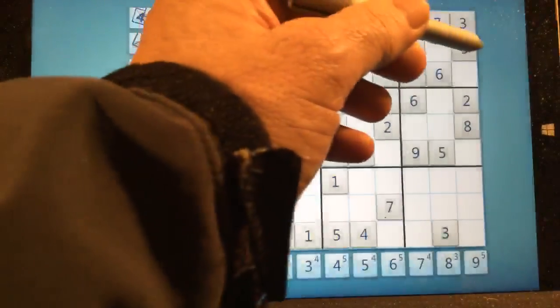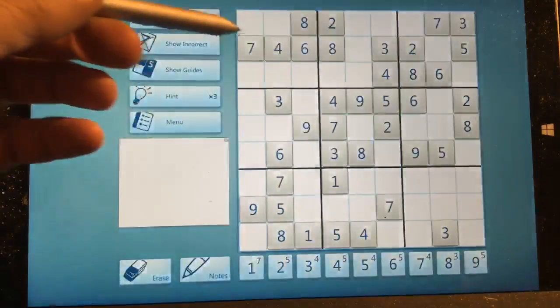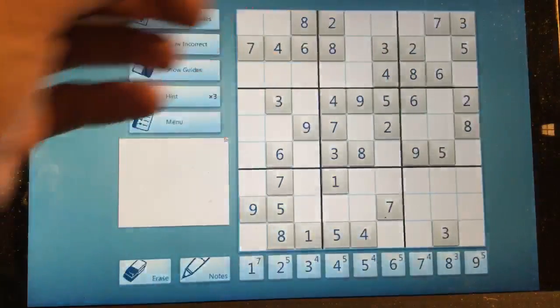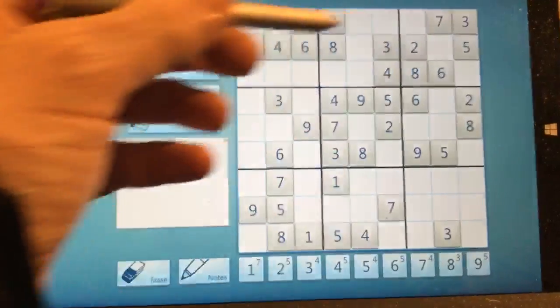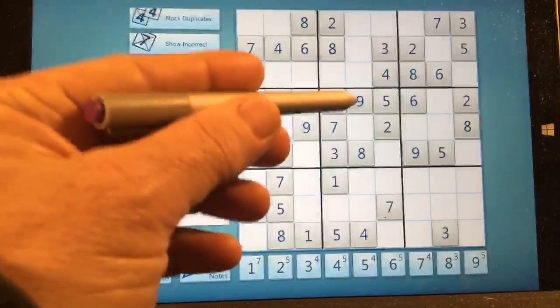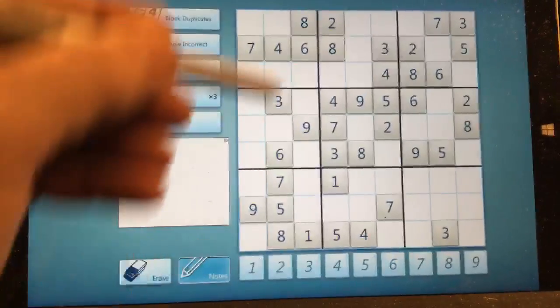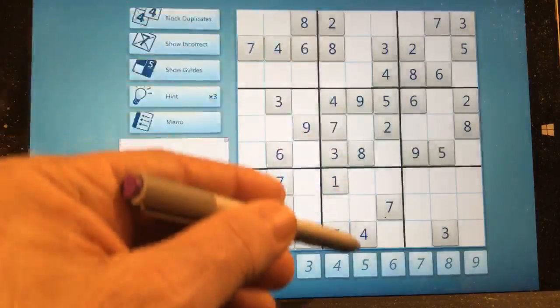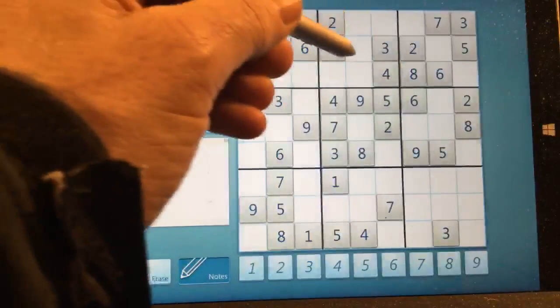This middle row in this top row of boxes, 1, 2, 3, 4, 5, 6, 7, 8. So 1 and 9, both ends of the spectrum. So looky here, there's a 9 right there. So we know that's where the 1 in this middle row is going to go right there.